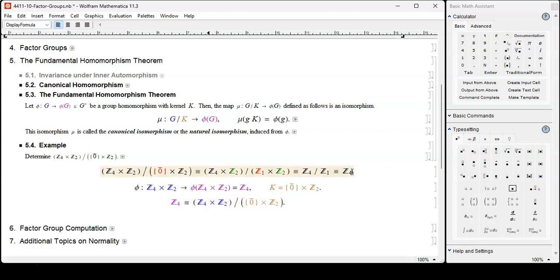So that cancellation is an intuitive computation we did, but in order to prove that such crossing out is correct, I can really cross out Z2, Z2. Can I do that in general? Well, here's the justification. Get the epimorphism from Z4 times Z2 to Z4 with kernel 0 times Z2 so that we get the conclusion.